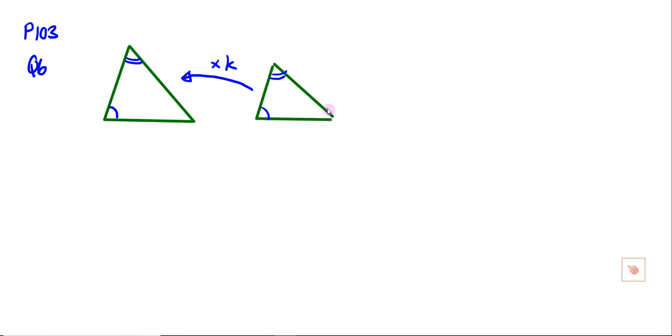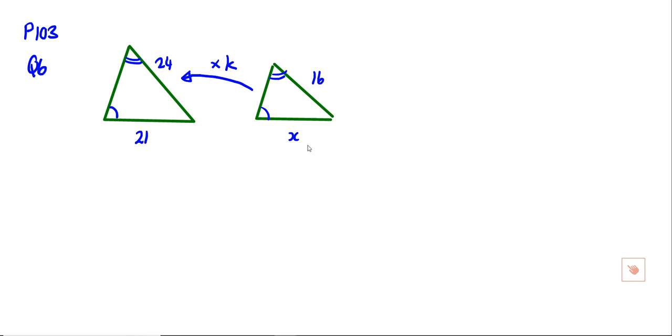For instance, in this question we've got 16 and x, and this one's 21 and 24, and we're being asked to find x. So I want to know what number we multiply by.